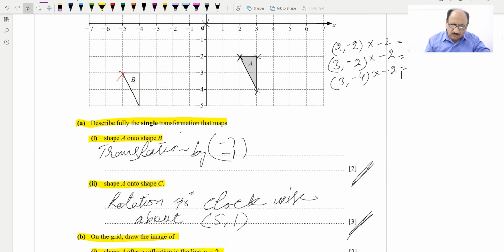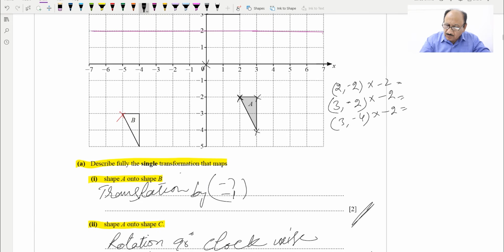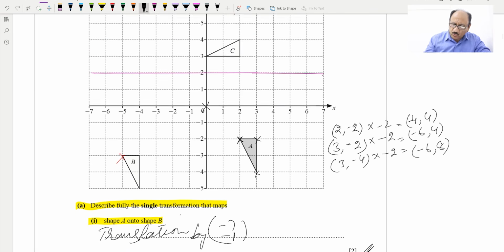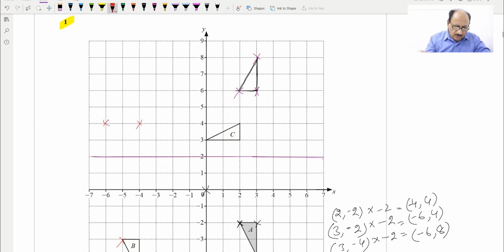because the scale factor is -2. So we will be multiplying and getting the new coordinates: -4 and 4, -6 and 4, and -6 and 8. -4 and 4 will be this one, -6 and 4 will be this one, and -6 and 8 will be over here, and this will be the drawing which we can complete.